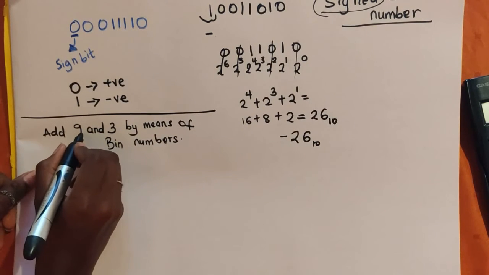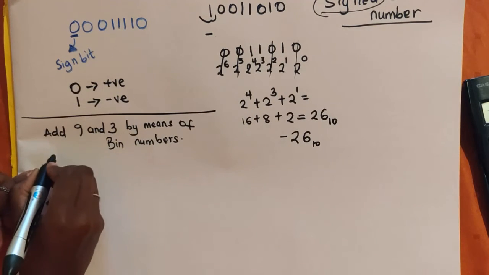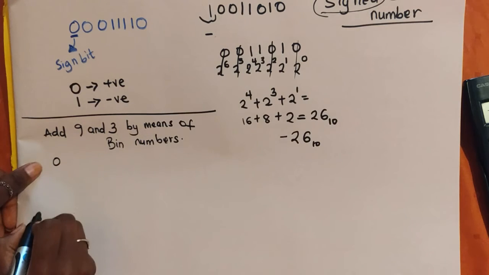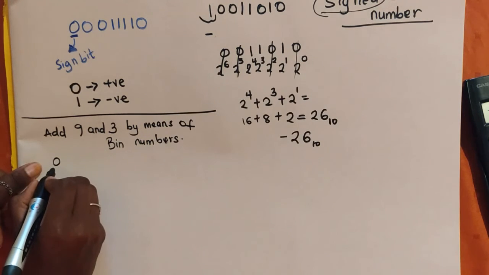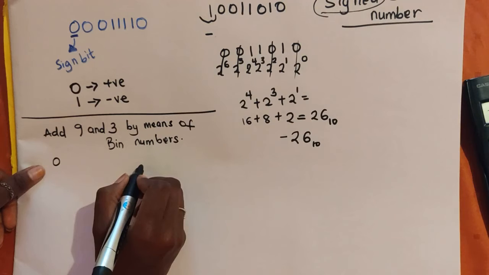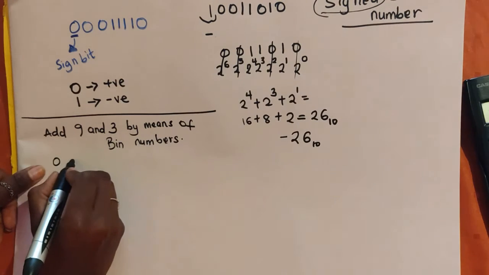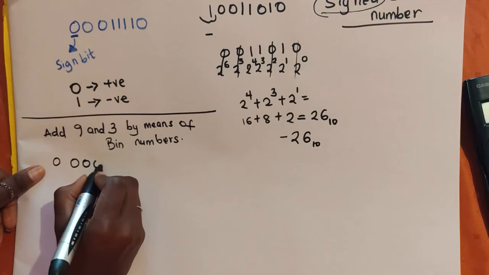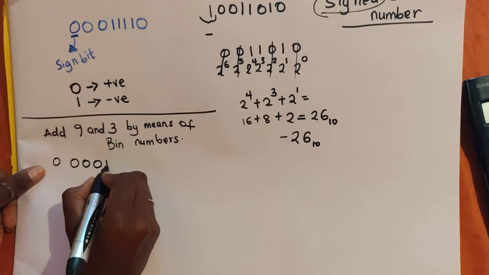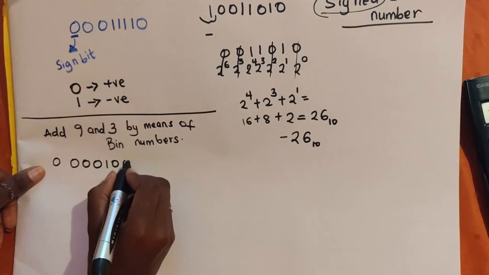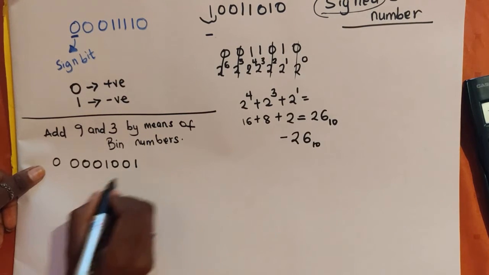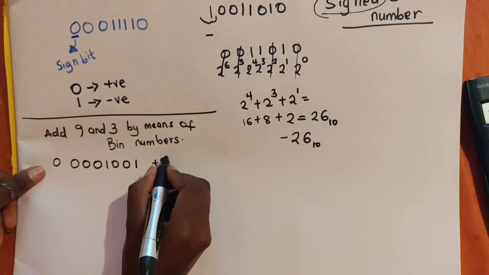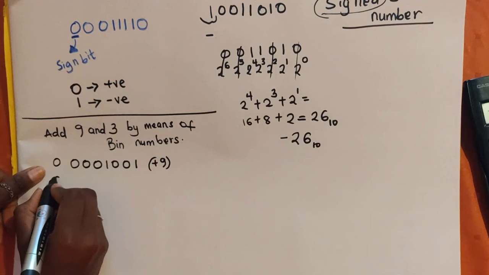So in this case, positive 9 will be 0. So let's make it into an 8-bit. So it's 0, then 1, 2, 3, 1, 0, 0, 1. This is positive 9.